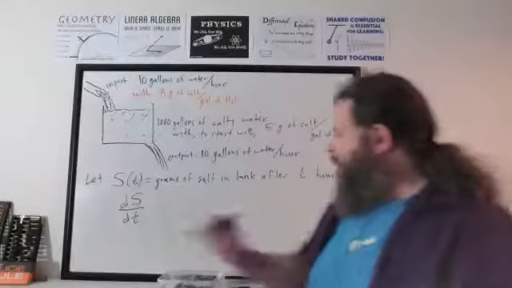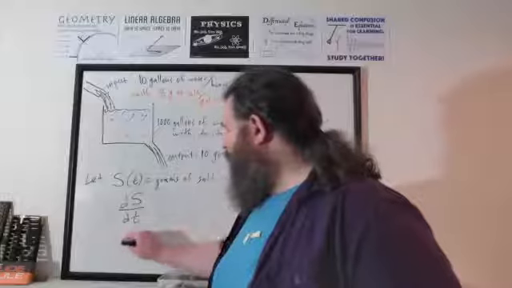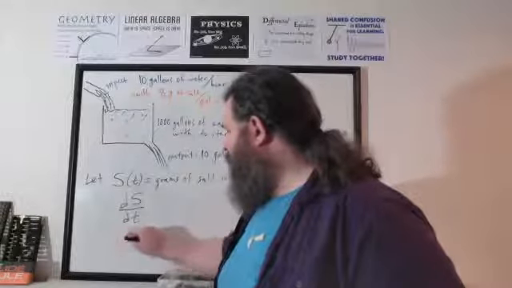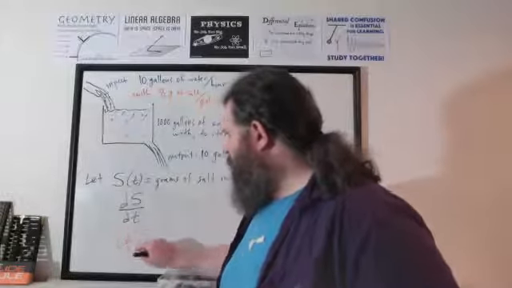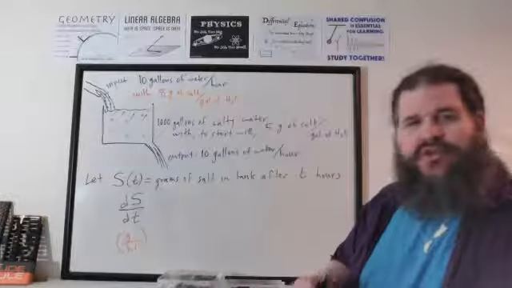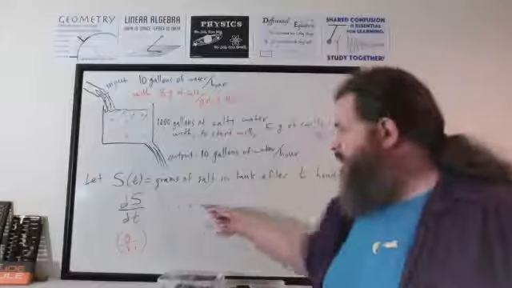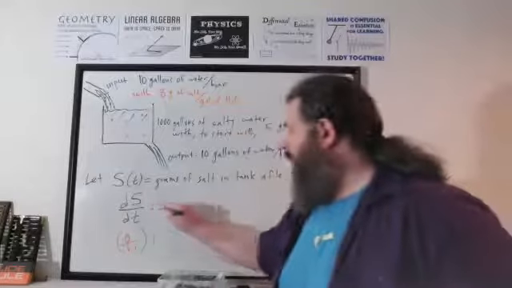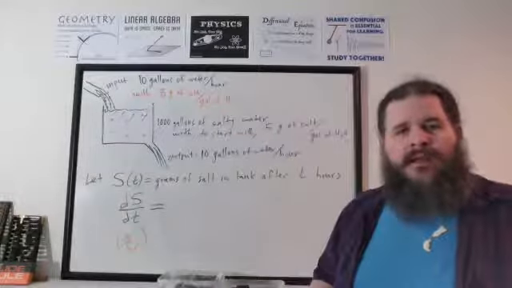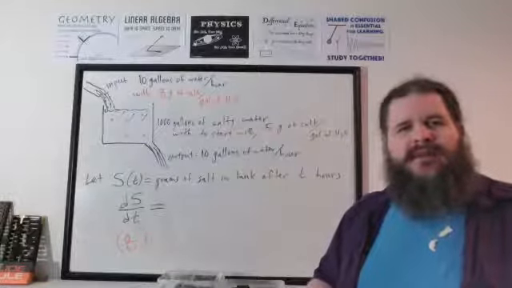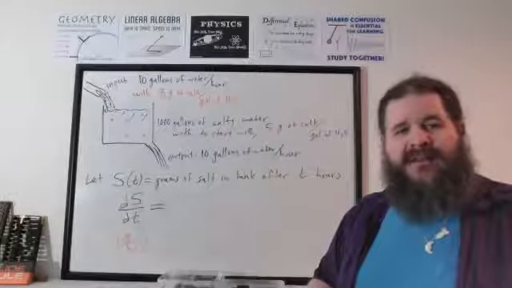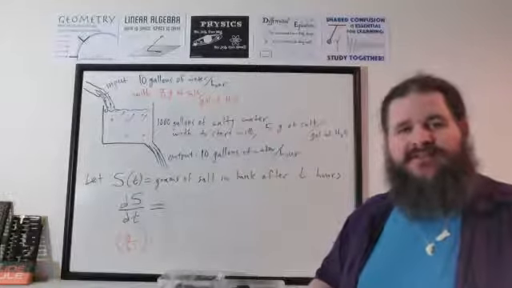So keep the units in mind here. This is grams per hour. So that means that's what we want all of the other terms to be measured in also. The other side of the equation must also be measured in grams per hour. And what things are influencing how much salt is in the tank or how fast that changes?